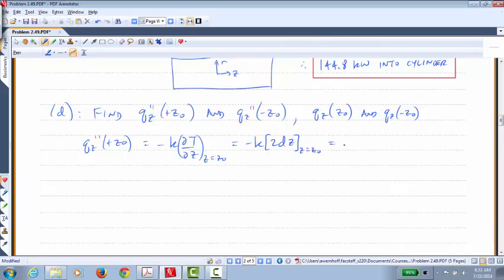So we get minus 2kdZ0. And if we plug the numbers in, we get minus 2 times 16 watts per meter Kelvin, d, which is minus 300 degrees C per square meter, and then Z0, which is 2.5 meters. If we do that, we get 24,000 watts per square meter.